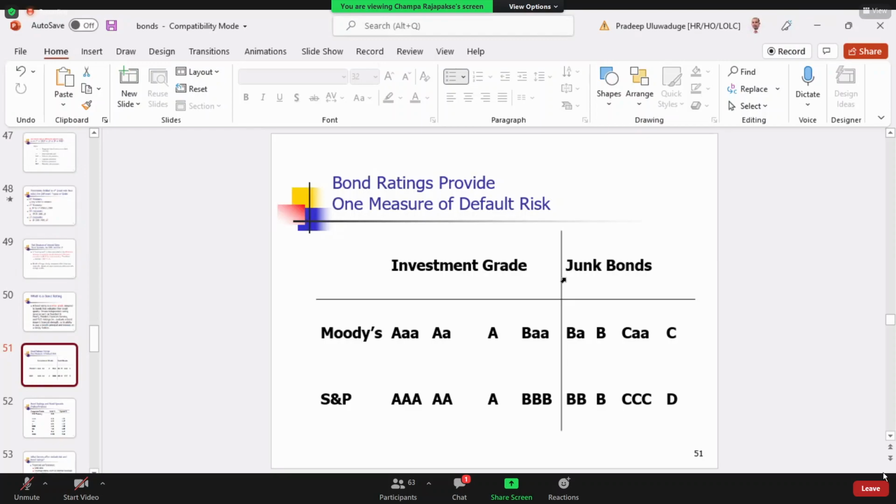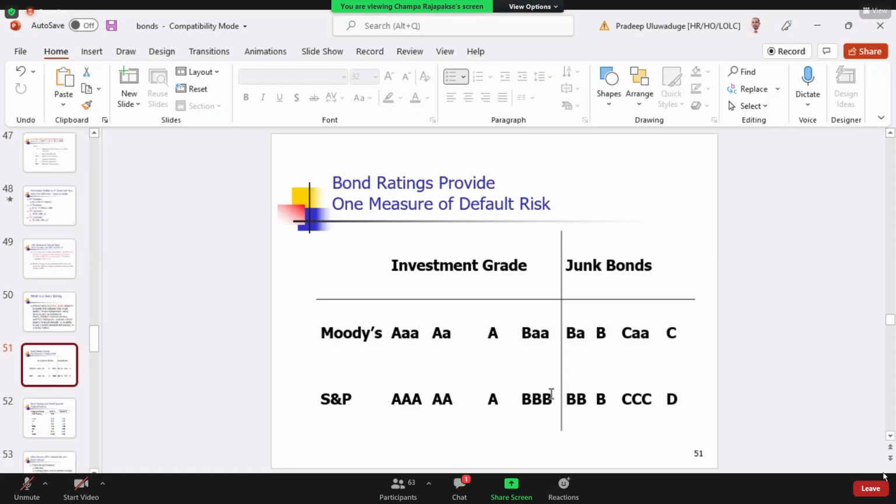Junk bonds are the risky ones; investment grade are recommended. Moody's gives ratings like triple A, double A, and so on, and Standard and Poor's gives ratings in all capitals.